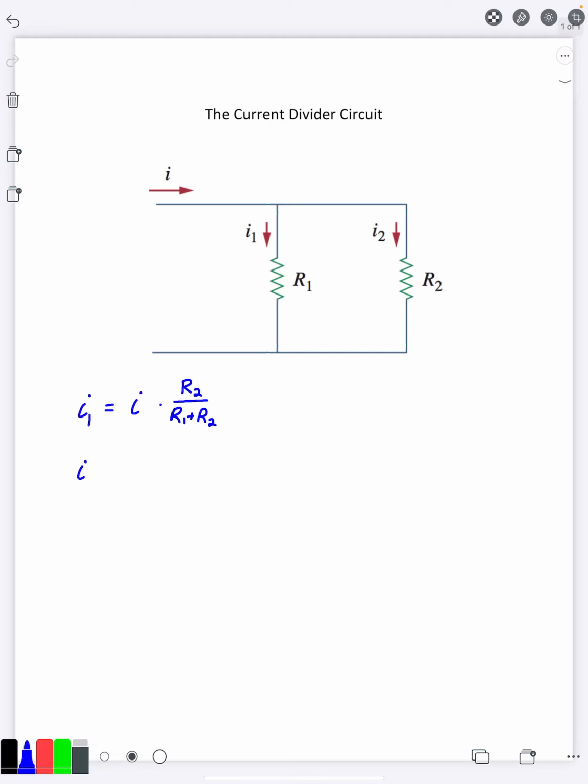Similarly, if you want to find the current in the second resistor, you take the overall total current, multiply it by the value of the other resistor, and divide by the sum.